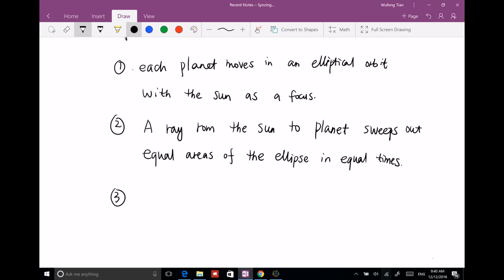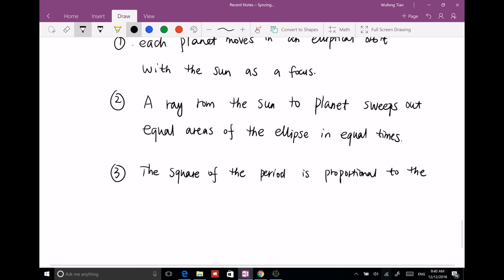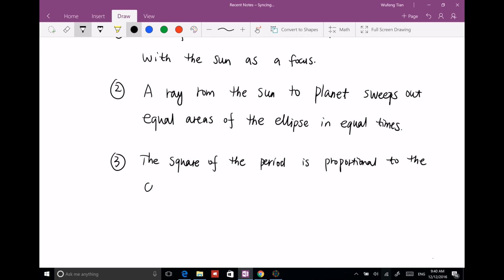Number 3, the square of the period is proportional to the cube of the mean distance between the planet and the sun.